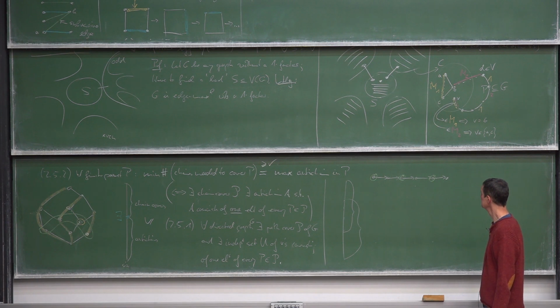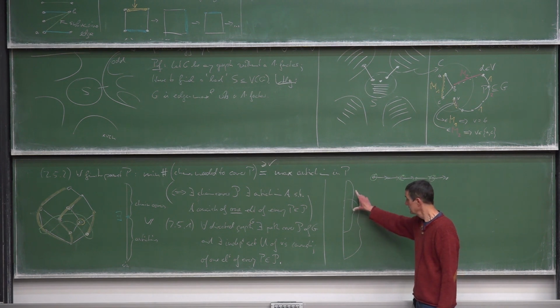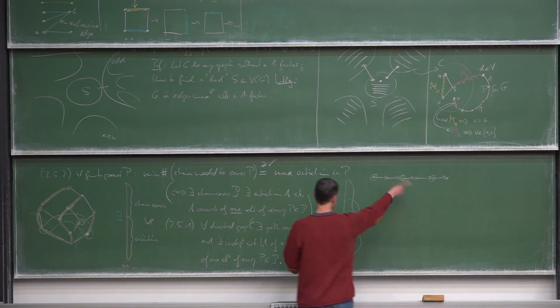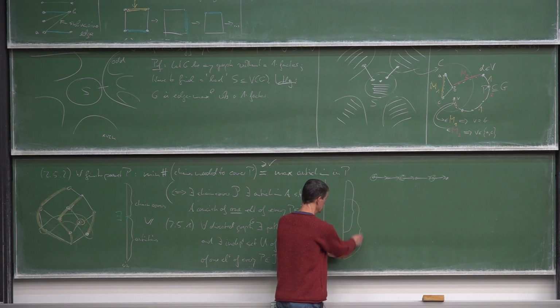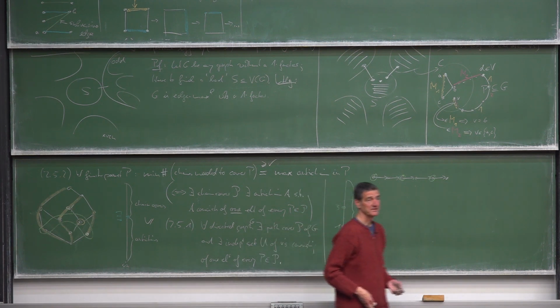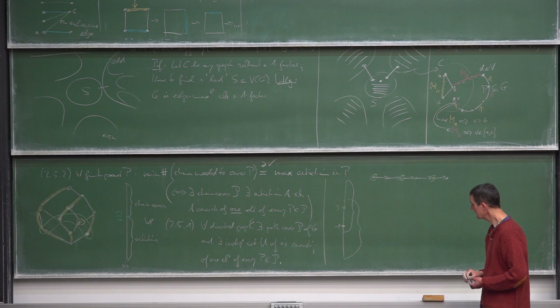So it's no longer true that all the independent sets have sizes less than the cardinality of any chain, any path cover. It can be the other way around. This path here has independent sets of size, say, 3, but we can make do with a path cover of just one path.